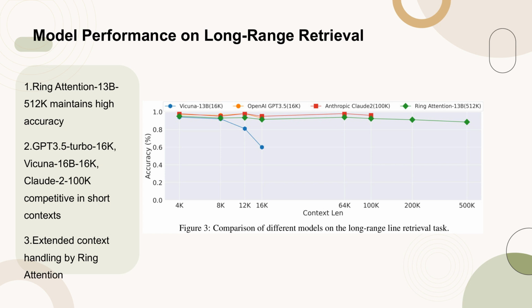In contrast, models like GPT 3.5 Turbo 16K, Vicuna 16B16K, and Claude 2-100K show competitive accuracy within shorter contexts but struggle with longer ones. This comparison underscores the advantage of ring attention in handling extensive textual data, making it a robust choice for tasks requiring deep contextual understanding and precise information retrieval.